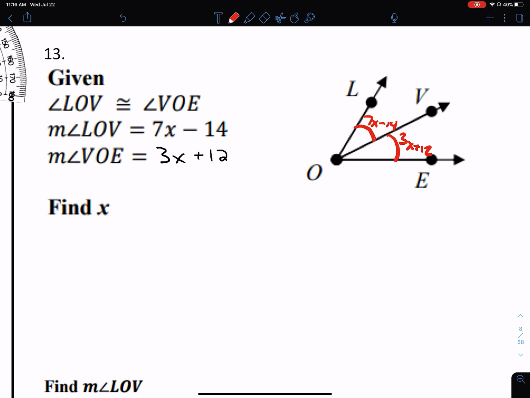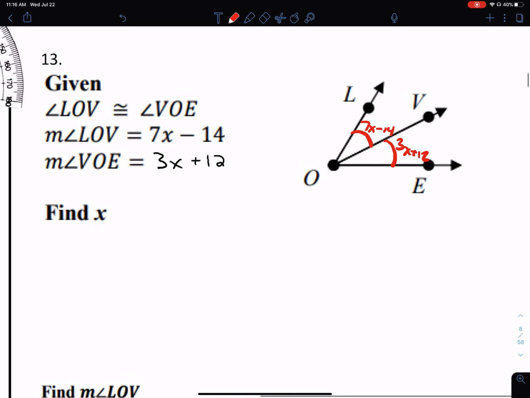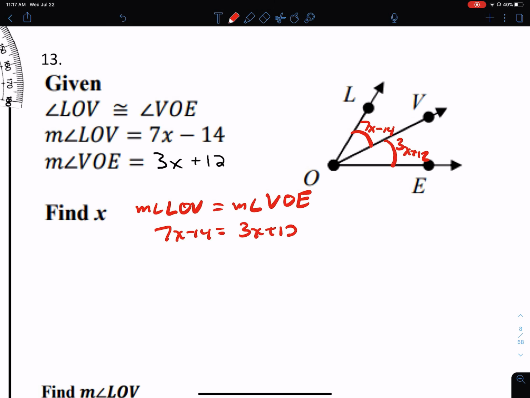Let's make an equation first with letters. We can say the measure of angle LOV is equal to the measure of angle VOW. How can we say that? Definition of congruent. If the angles are congruent, then their measures are equal. Then we can substitute. Measure of angle LOV is 7x minus 14. Measure of angle VOW is 3x plus 12.